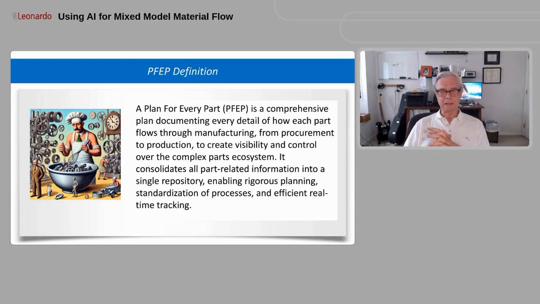And I say that because most manufacturing companies, if not all of them, have some kind of material management system, inventory management system, MRP system. Probably the best known are SAP and Oracle. There are literally dozens of choices for MRP and ERP systems. But the problem is that even if all the elements that you want to know about a part are in that system, they're usually not in one place. They're usually scattered across different modules.